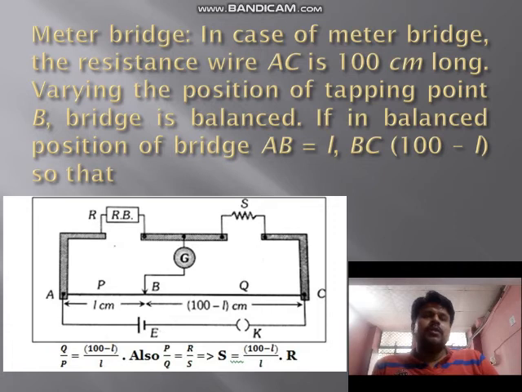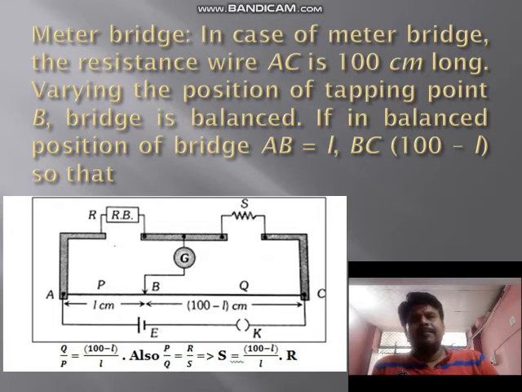At the point B, we are using the jockey, through which we divide the wire AC in two parts, that is AB, which is known as the symbol P, and the part BC is known with the symbol Q. The length of P is here L, and the length of Q is 100 minus L.